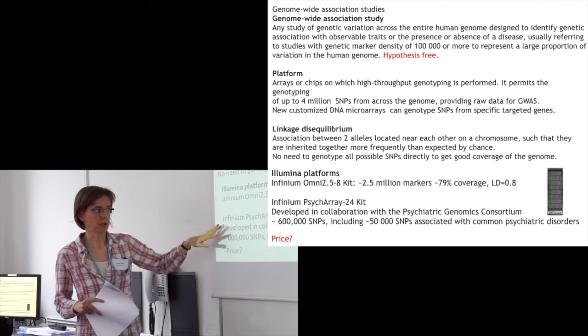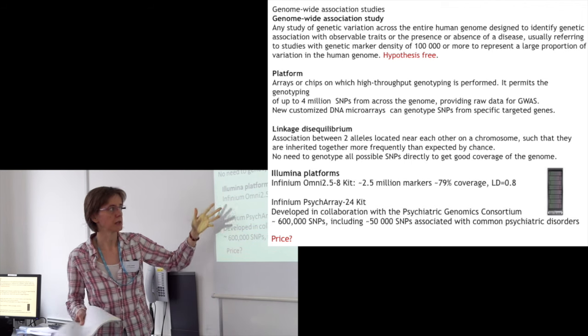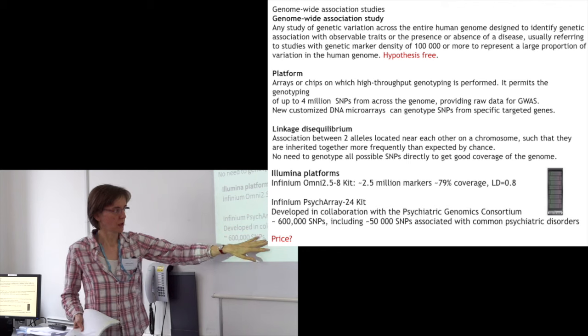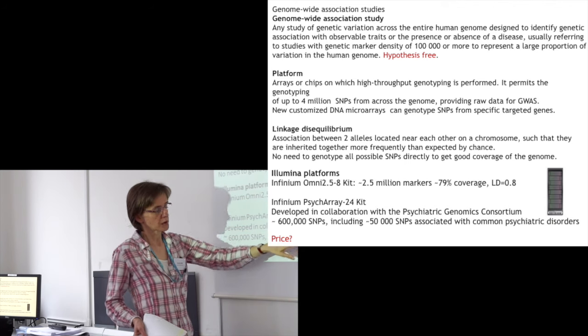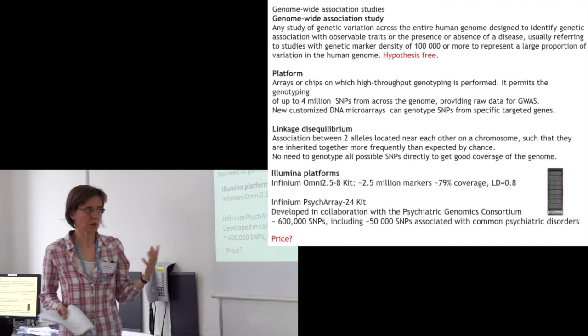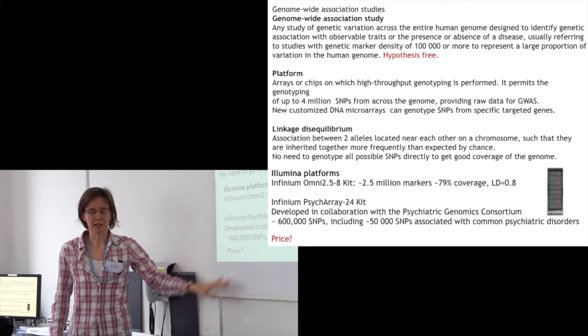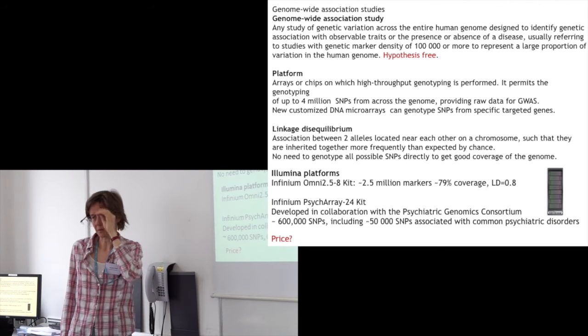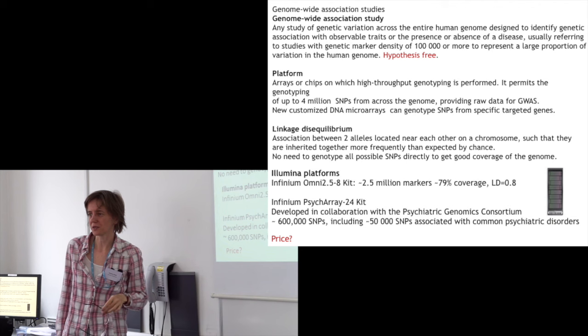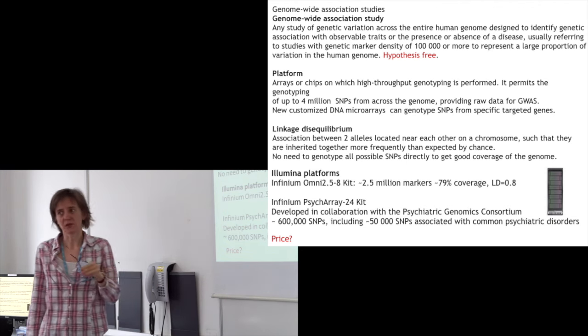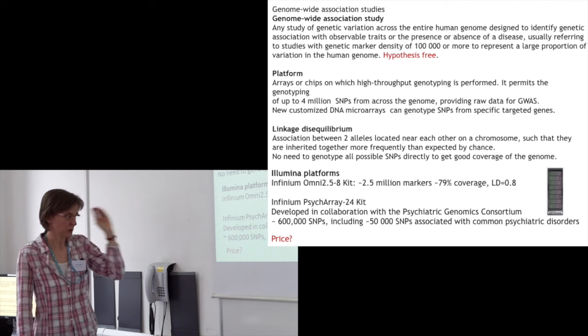Now, these platforms are, as I say, available, and it depends on whether you want good coverage of the genome, or you want to include some SNPs which have been associated with certain disorders. It's up to you. It's quite pricey, and I don't remember, is it £250 now or something for an individual to be genotyped, so it's not cheap, but available.